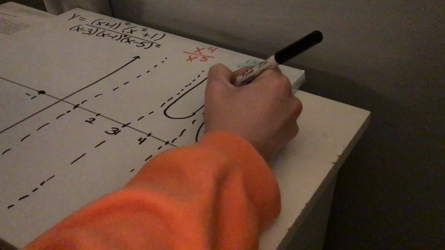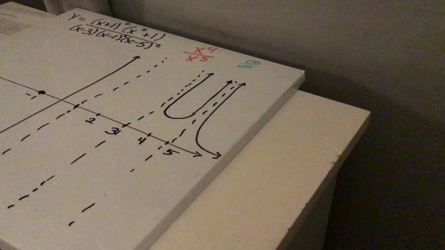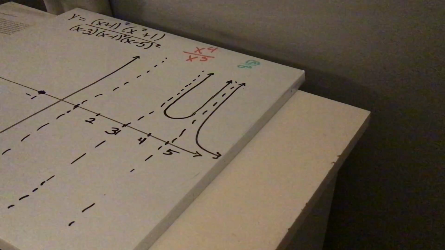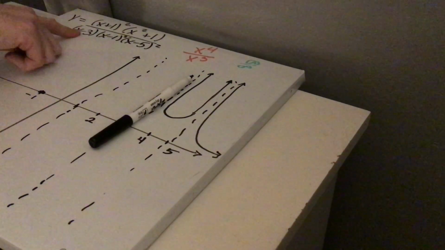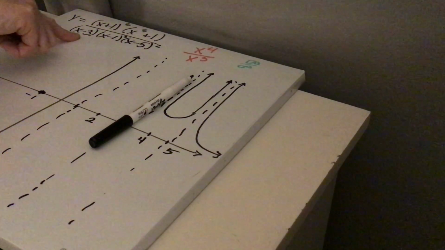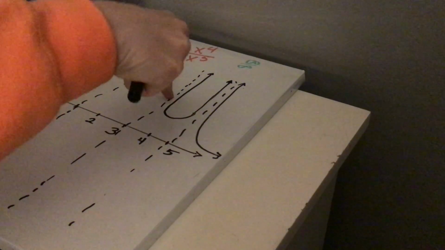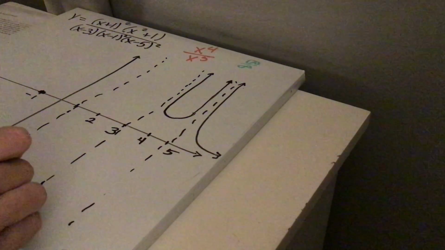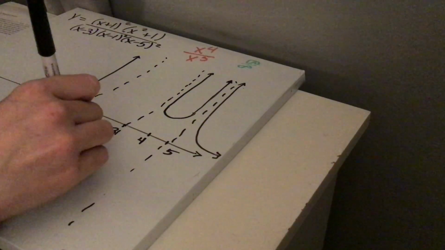Because you know what the zeros are. So you know what's going to touch and cross the x-axis. All right, then you know 3 is also an asymptote, okay? But it's not repeated, so that tells us that it's going to cross the x-axis and the asymptote. So it's going to come up this way.